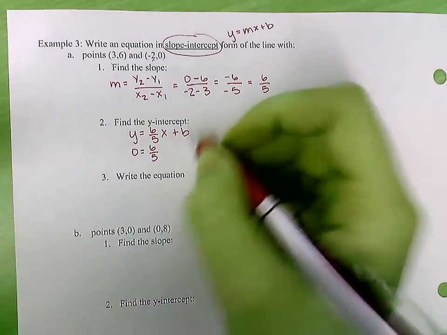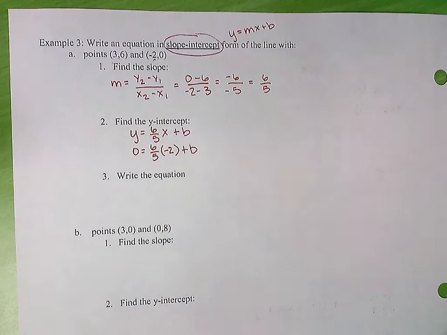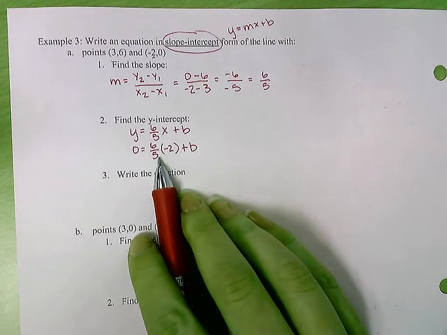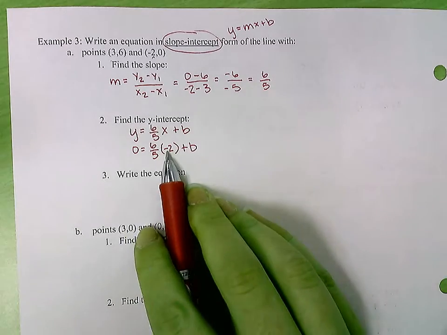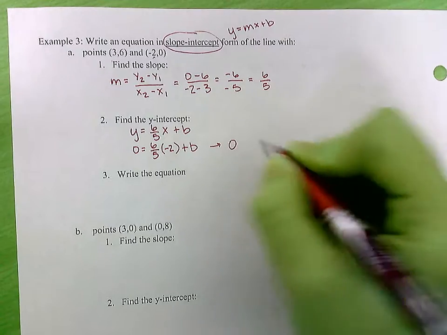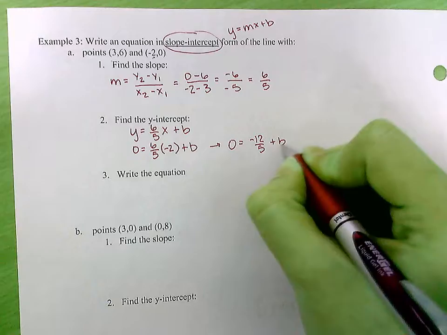I still have 6 over 5 as my slope. I'll plug in negative 2 for x and add on b. I'm doing this so that I can solve for that b value. I need to find what that y-intercept is. So here I can multiply these two together. I'm running out of room. So I have 0 equals negative 12 over 5 plus b.